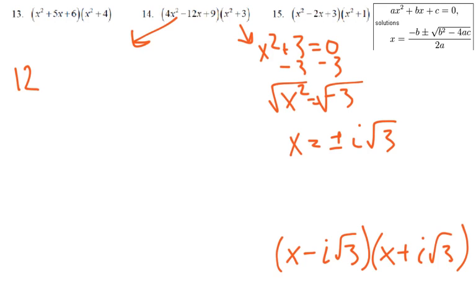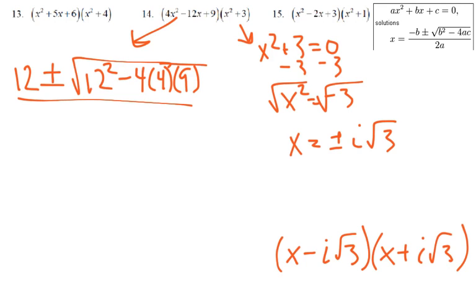Opposite of negative 12, so it's 12, since negative and negative would make positive. Square root of negative 12 squared, which would end up being a positive 144, right? Minus 4 times a times c over 2 times a. So, 12 plus or minus something over 8.